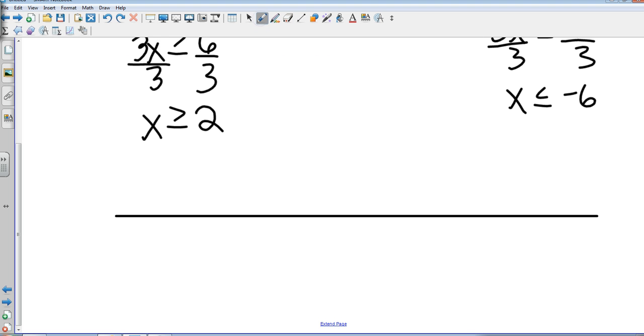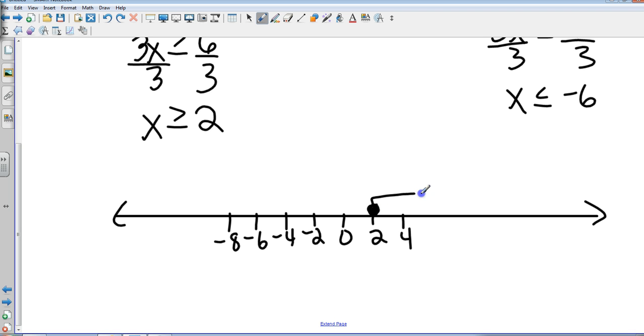So I'm looking on my number line, let's go by 2's. So let's look at the first one. X is greater than or equal to 2. So that's going to be a closed circle above 2 with an arrow to the right.